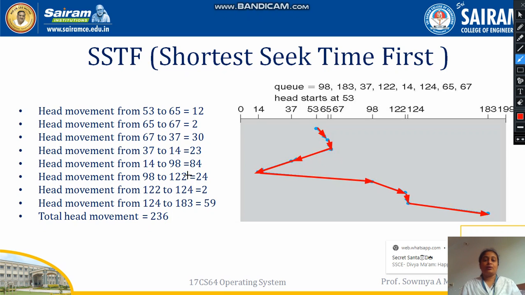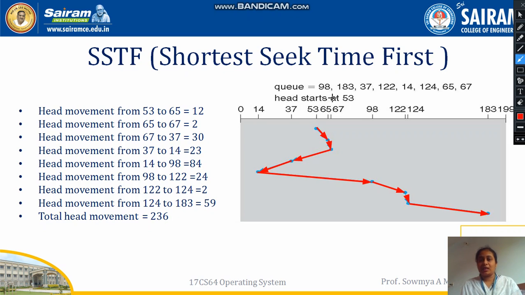Okay, so find all the head movements, and total head movement is the addition of all the head movements which happened for each and every movement in the shortest seek time first. So I repeat, for shortest seek time first, you have to find the nearest value in the queue.